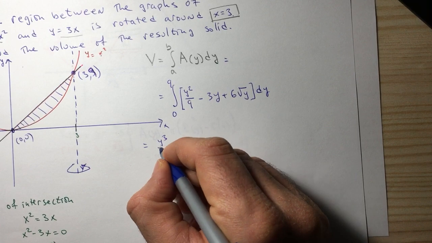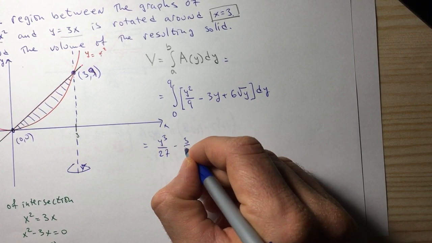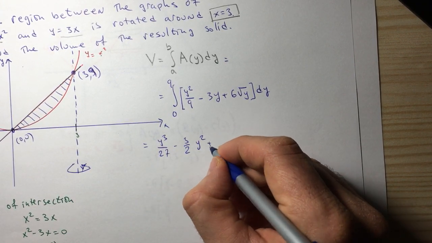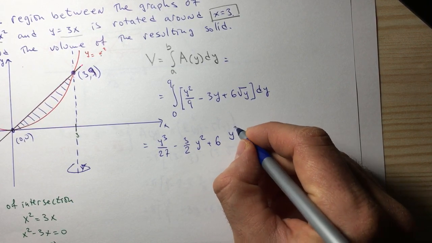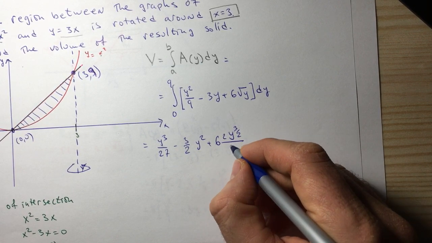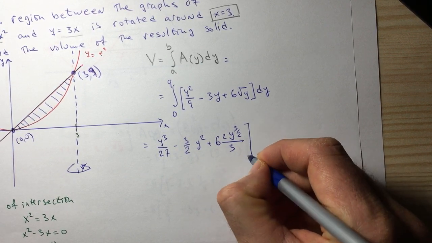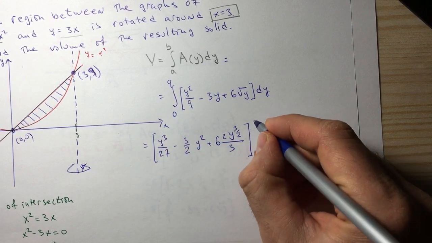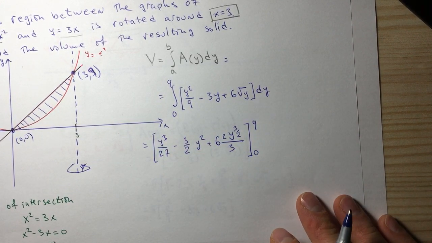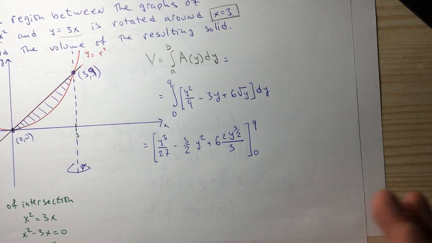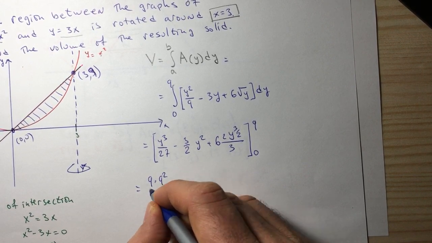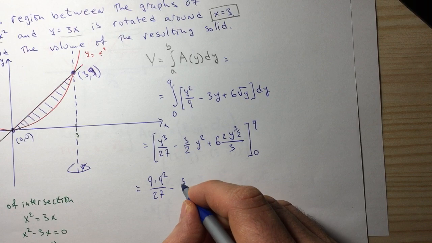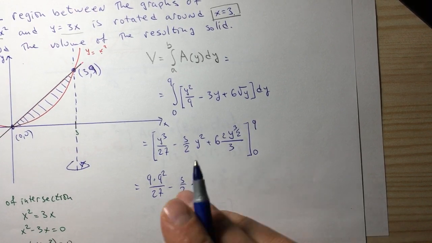This is y cubed over 27 minus 3 over 2 y squared plus 6 times y to the power 3 over 2 times 2 over 3, and this whole thing evaluated from 0 to 9. And then this is what? 9 times 9 squared over 27 minus 3 over 2 times 81.